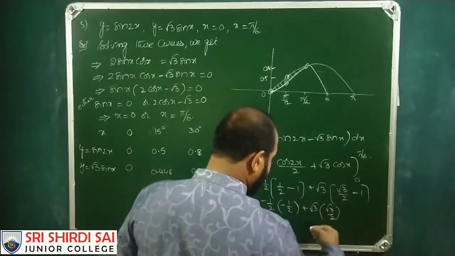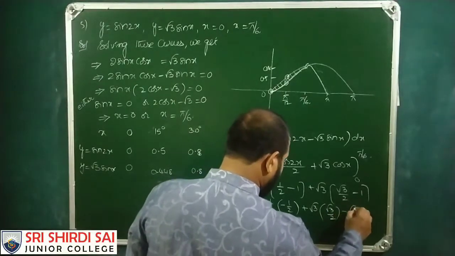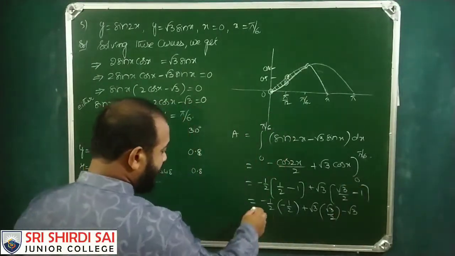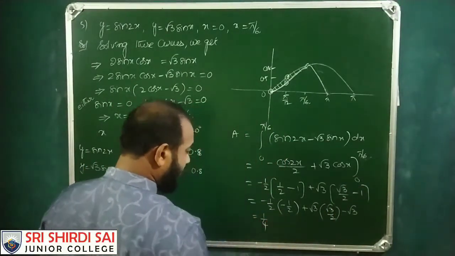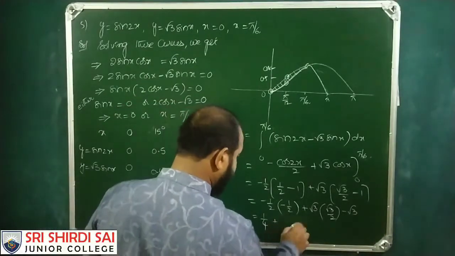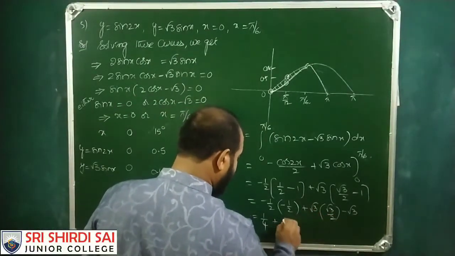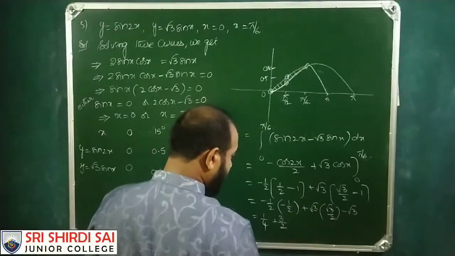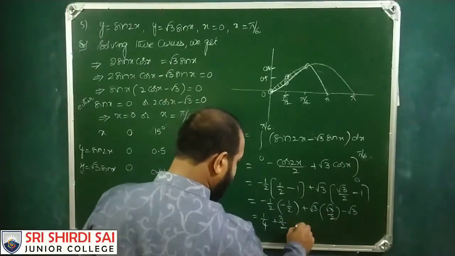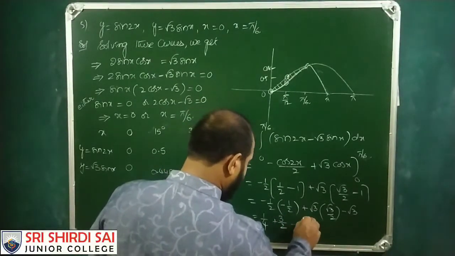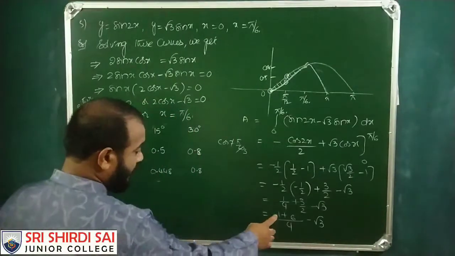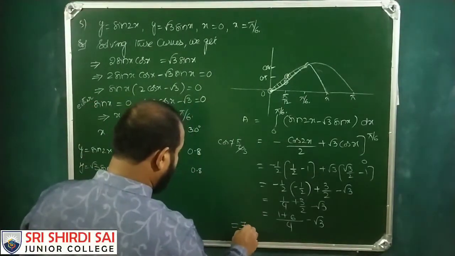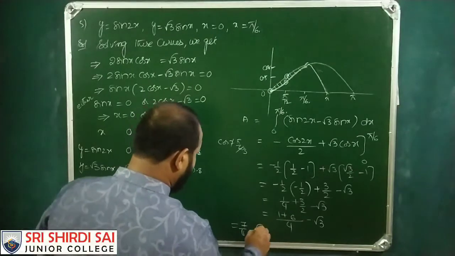So root 3 into root 3 by 2 minus this is root 3. So minus into minus is plus, this is 1 by 4. This is 3 by 2 minus root 3. And the answer is 1 plus 6 is 7 by 4 minus root 3.